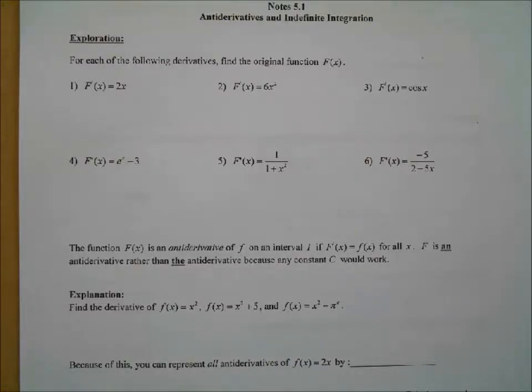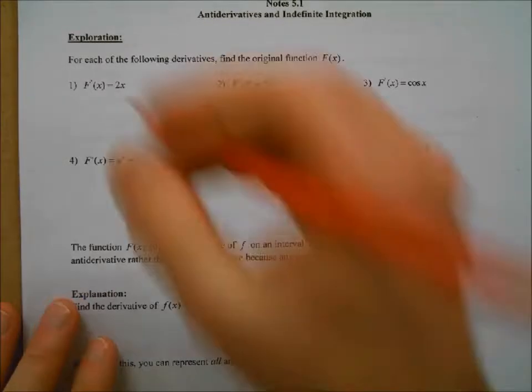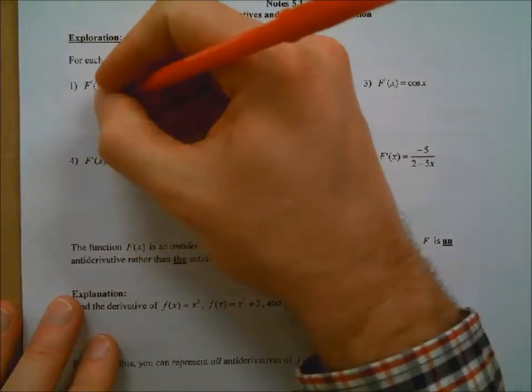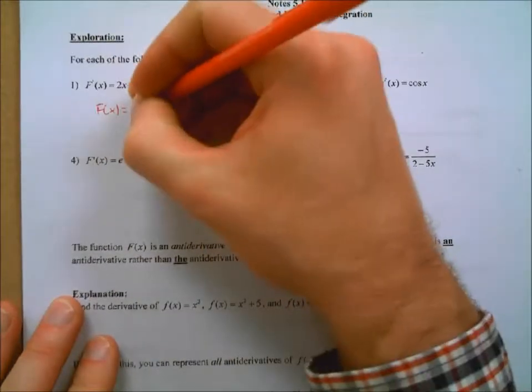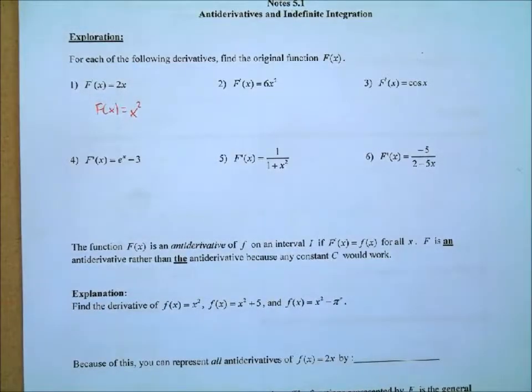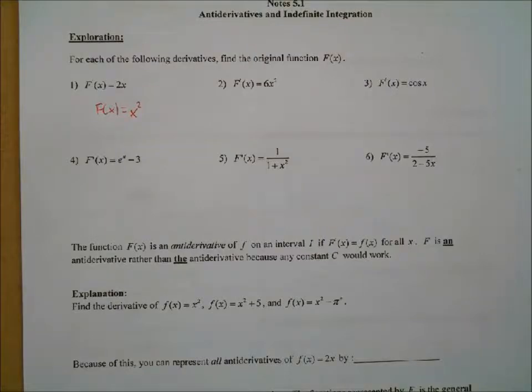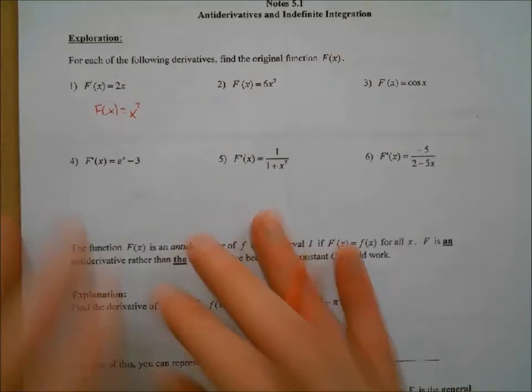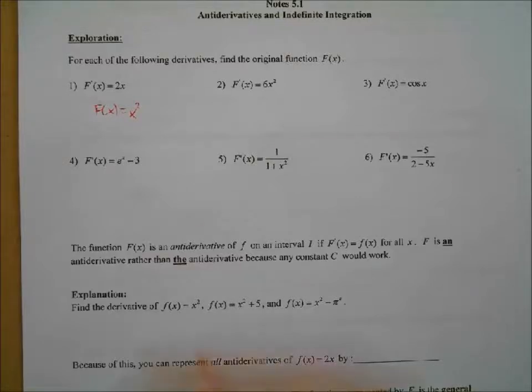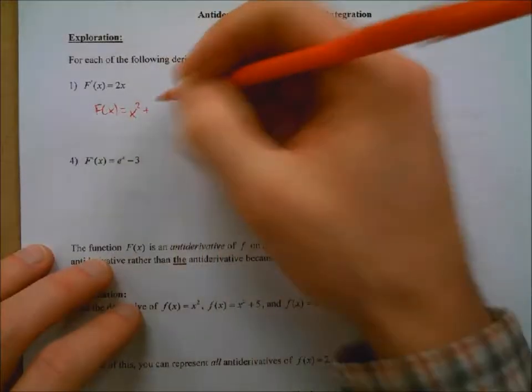All righty. So, number one, what function, when you take its derivative, gives you 2x? X squared, okay. Plus c. Why? What's that c for? A constant. So what do you mean by that, though? Right, so we could say x squared is our answer here, right?